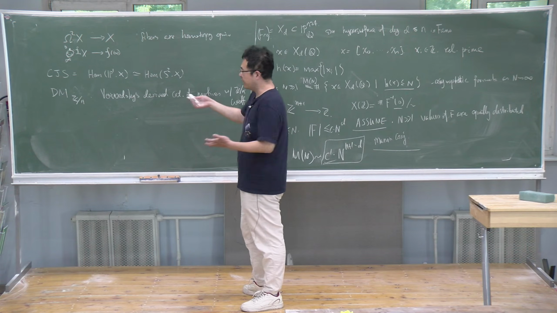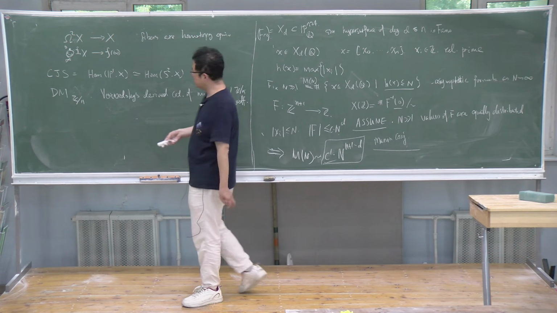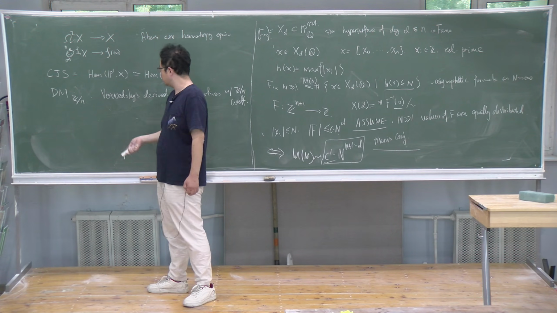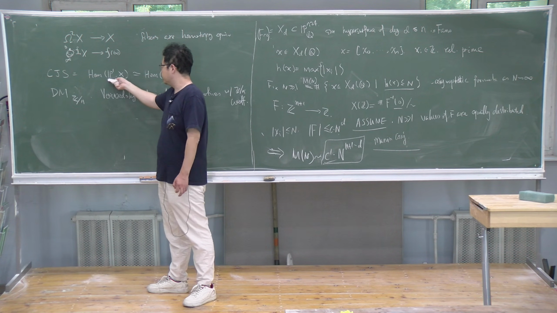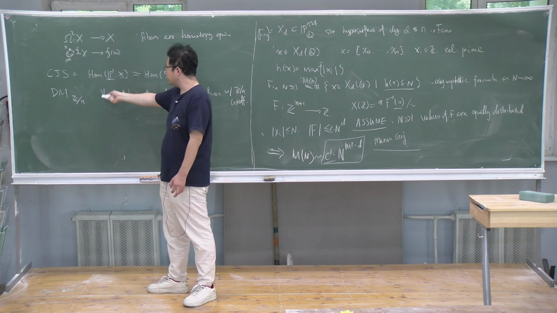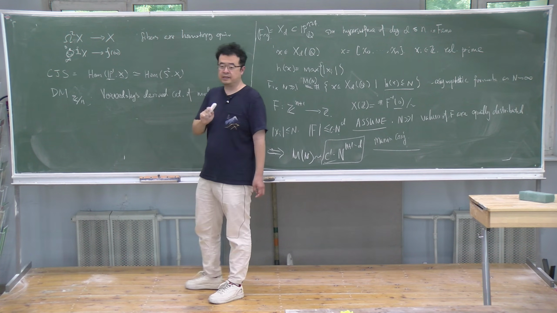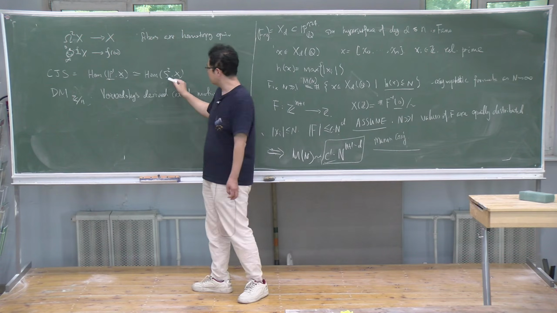The nice thing about this category is that it's a triangulated category and it's a rigid tensor category, so you can make sense of everything here. P1 gives an object here, X gives an object here, S2 also gives an object here. That's the important thing.